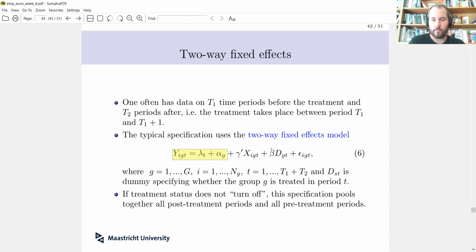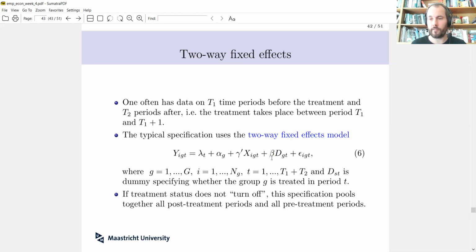Then you can simply write the model like this. It looks complicated, but it isn't. There's a time effect that captures all the time effects. There's the alpha, which captures the group-specific effects. We have our linear combination of X, which is necessary to make this common trends assumption plausible. And we have our interaction term. The dummy G is only 1 if you are in the treatment group post-treatment.